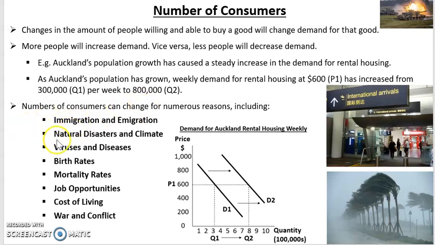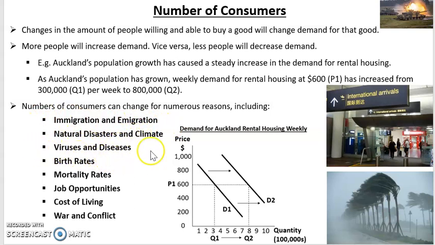Other factors that bear on the number of consumers include natural disasters and climate. This is quite a sad one, obviously, but if we were to have the likes of a tsunami, a volcano or an earthquake, we would see, tragically, a decrease in the number of consumers from the losses of life.